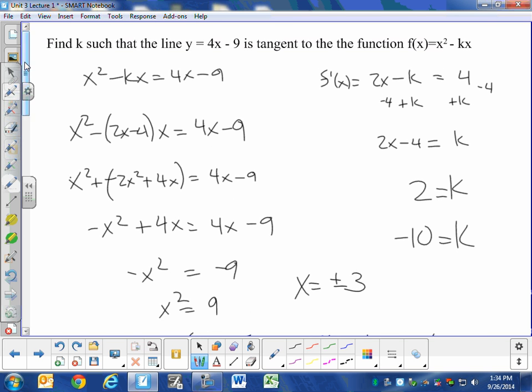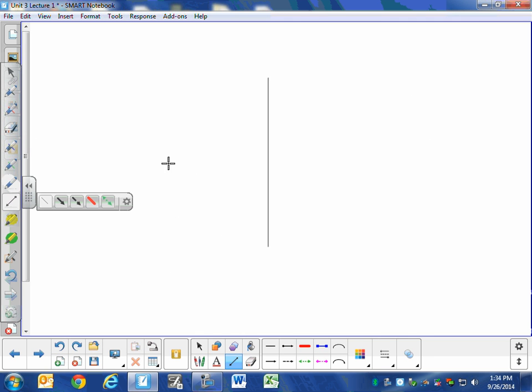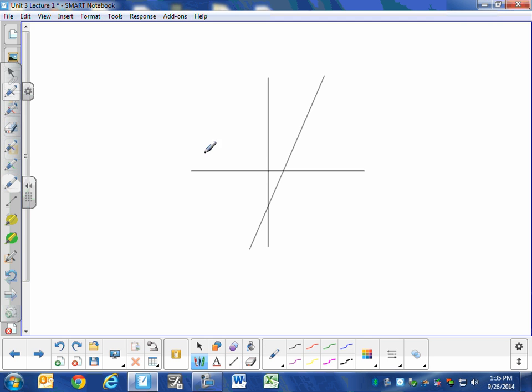And it kind of makes sense if we look at things graphically. If I have the line 4x minus 9, let's sketch it here. Well, if I have a function that could look like this, that'd be tangent.